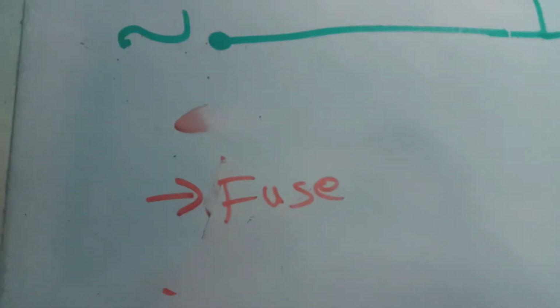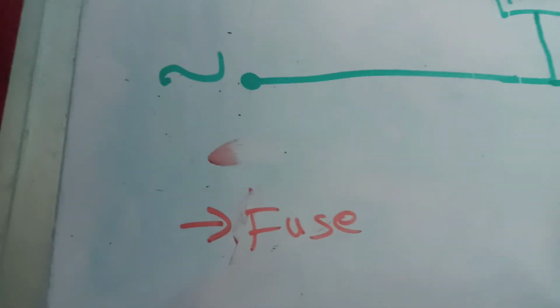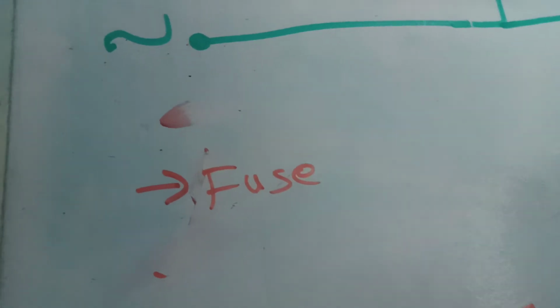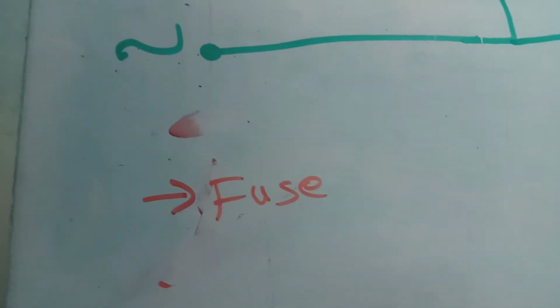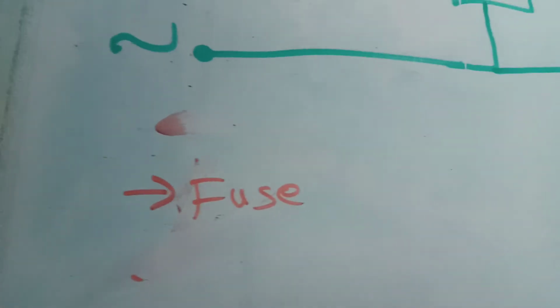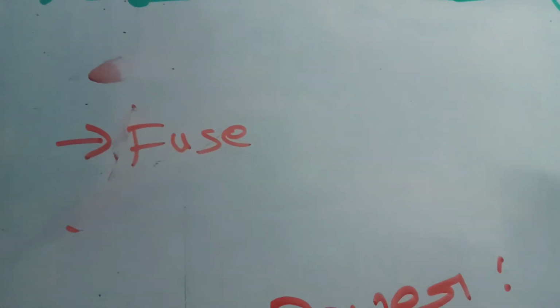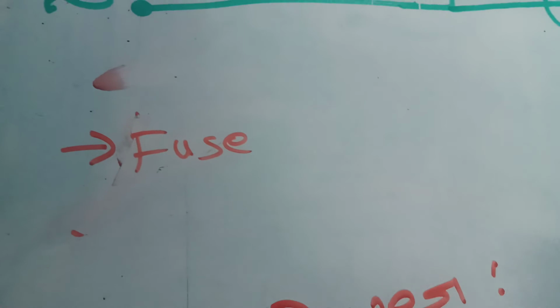For the fuse we can choose based on power, how much power you are using. For a 2 amp fuse, the parameters are power, and next is the melting point. Melting point means the material you are using, the melting material point.